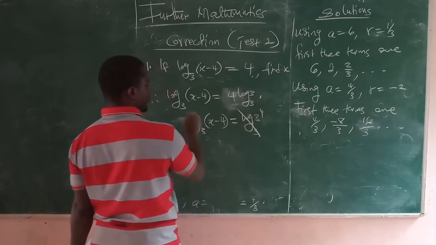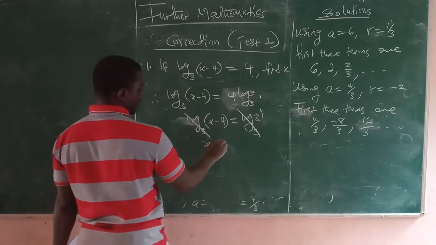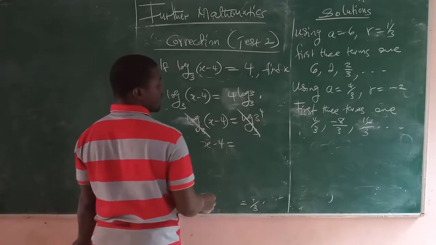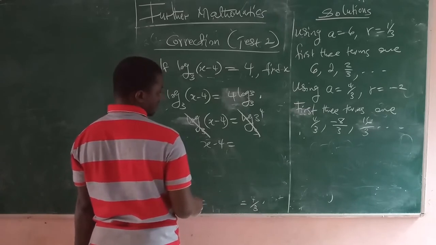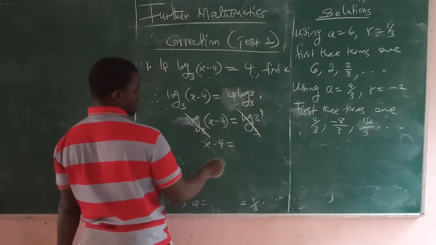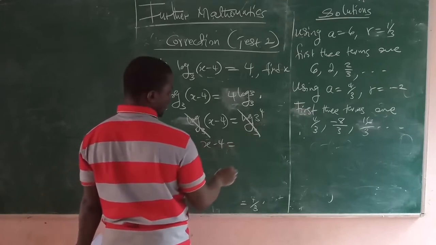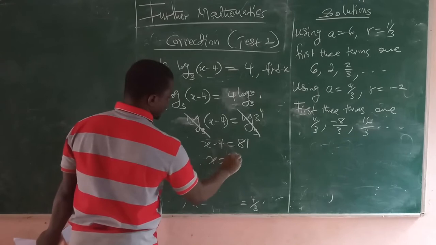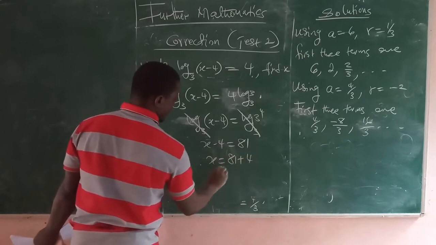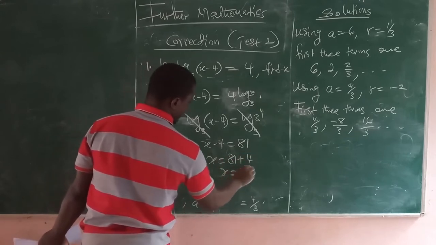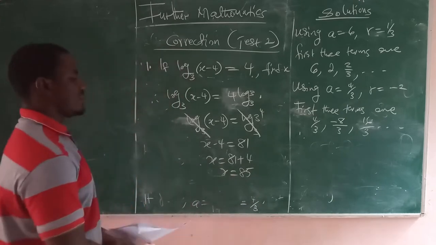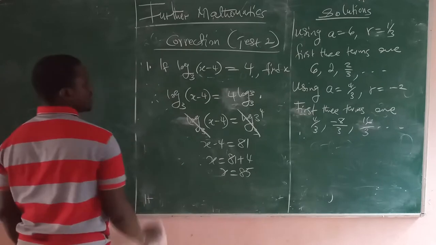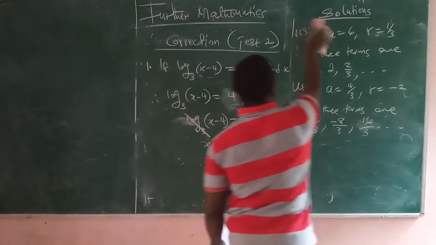So you see this goes off with this. And so x minus 4 is equal to 3 raised to power 4, is 81. And so x is equal to 81 plus 4. X is equal to 85. That's it. Okay, the next one.